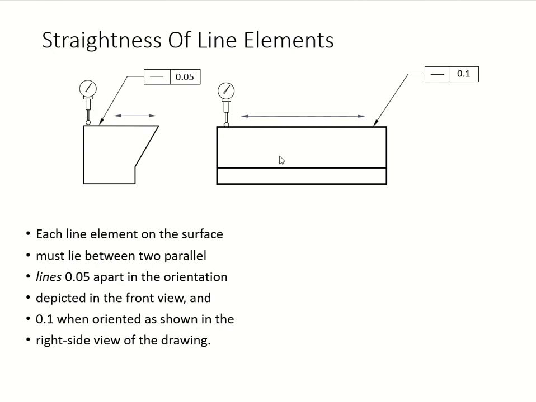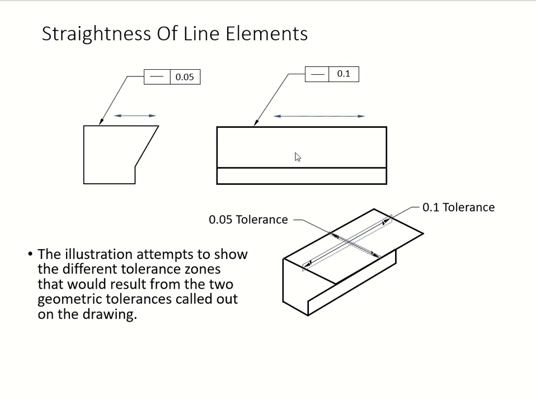This is your right side view, and that's your front view. The right side view is going to go with the 0.1, and the front view is going to go with 0.05, between the two parallel lines for that surface. If you have trouble looking at the views, front and right, here's a three-dimensional pictorial so you can see where they are.